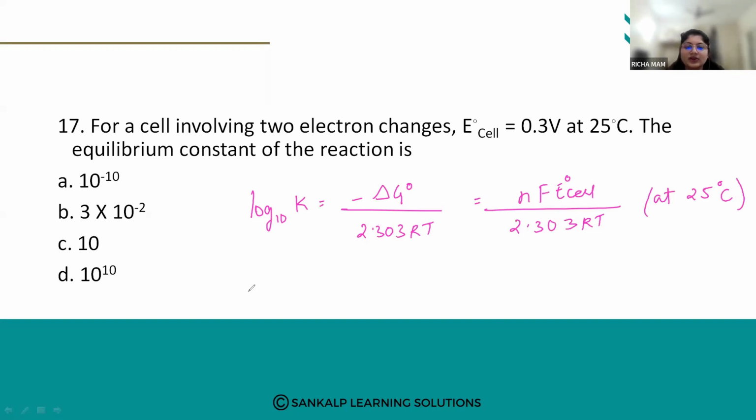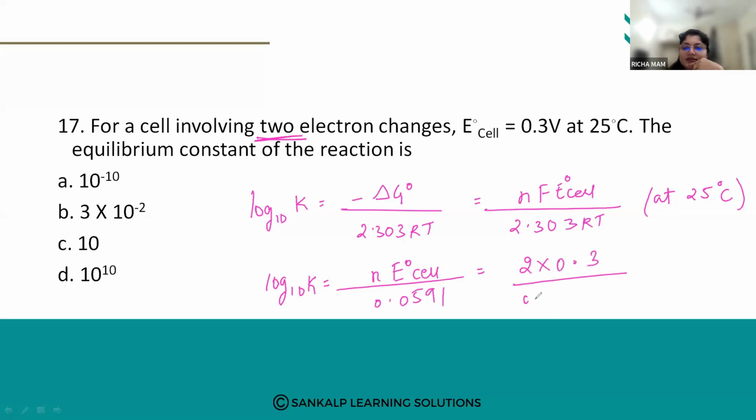So now log of K is equal to n E naught of cell upon 0.0591. What is n? The number of electrons is 2. E naught is 0.3 by 0.0591, right? If you calculate this, Faraday, 2.303 and RT, the value will be 0.0591.